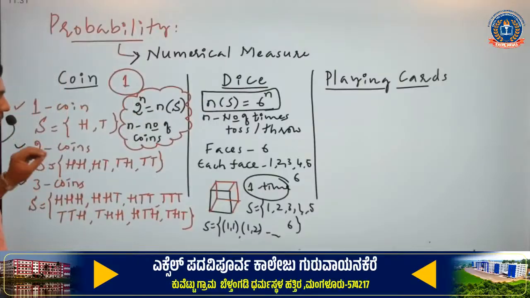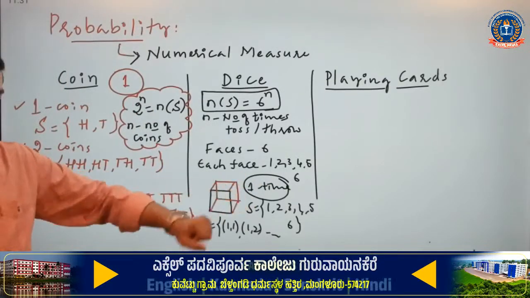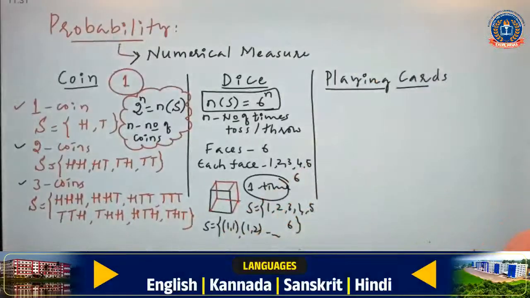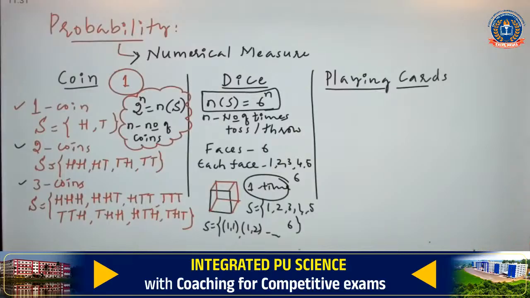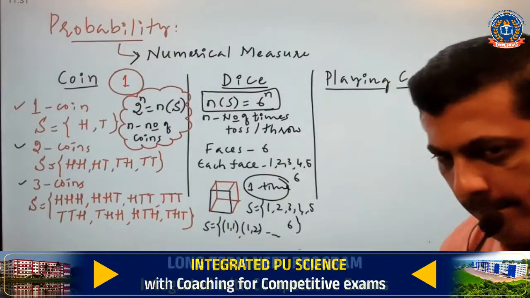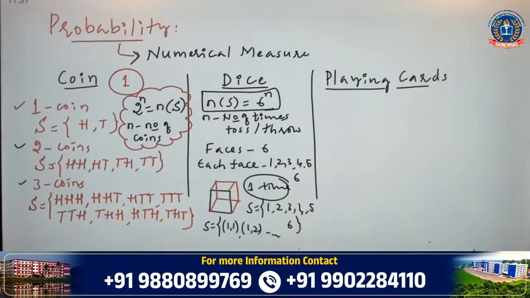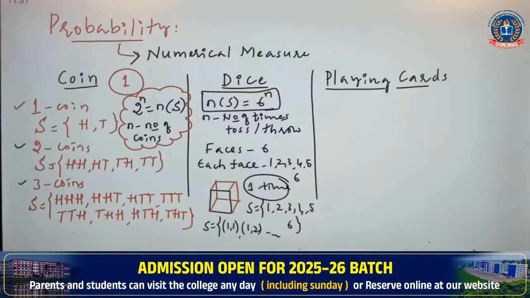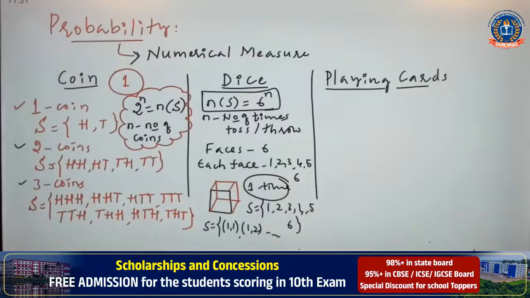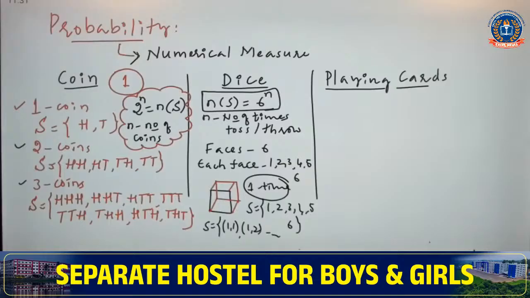Right, write these two down, then I will tell you about playing cards. Do it fast. You are going to get 36 outcomes when you throw 2 dice, or when a single die is thrown 2 times, also the same.